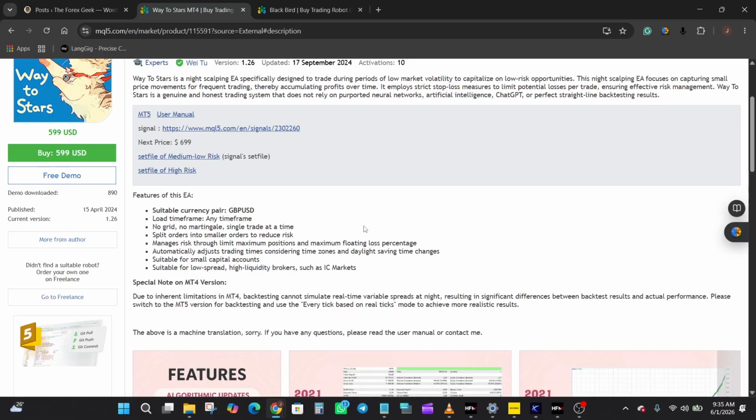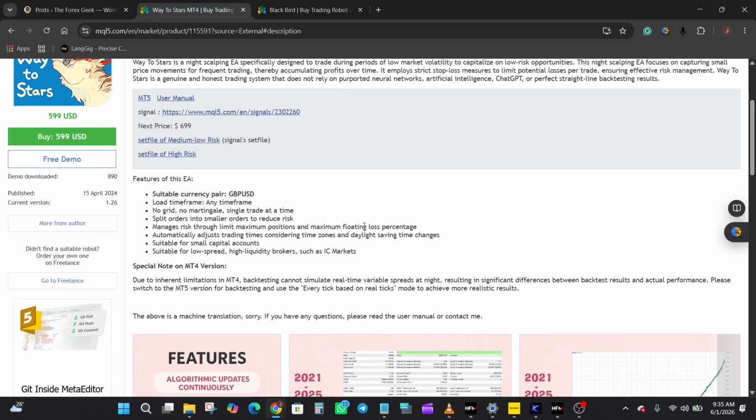Okay, the feature section provides a bit more insight into how the EA approaches risk control. The developer states that positions can be split into smaller orders to help reduce risk exposure. And in addition, the system includes controls for limiting the maximum number of positions and managing maximum floating loss percentages.